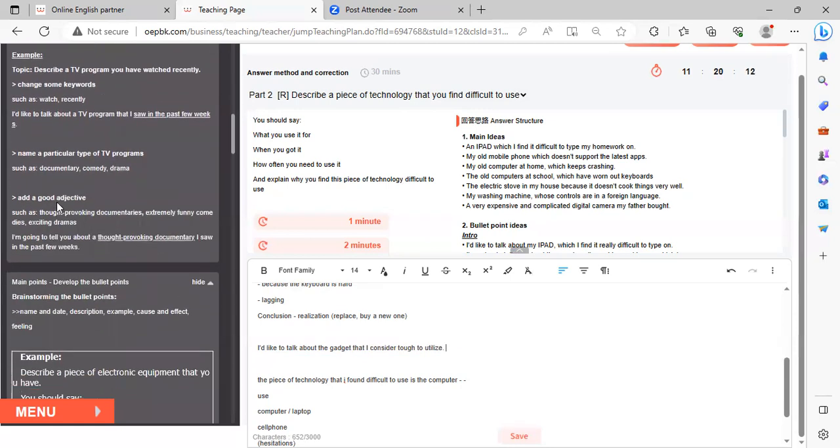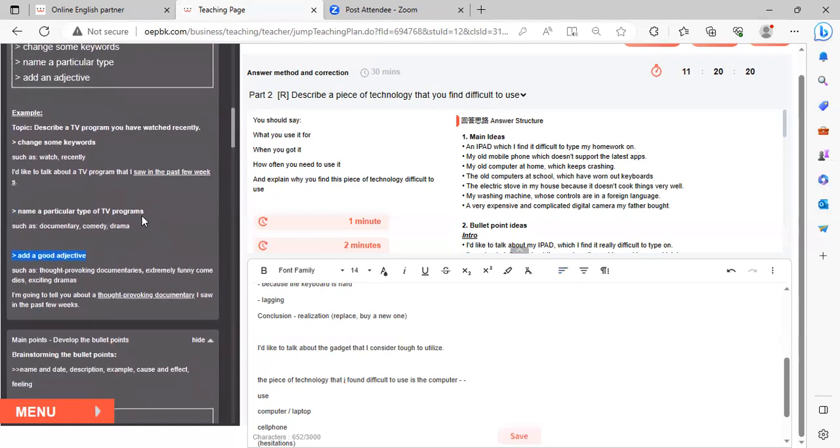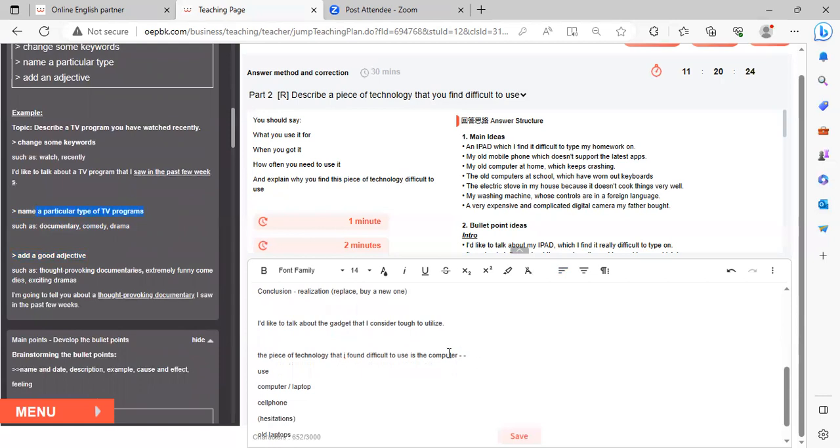And the last one is adding a good adjective. So, of course, we will change some keywords. Okay, we forgot this. Name the particular type. So, we already did that. We use computer. I'd like to talk about the gadget that I consider tough to utilize.